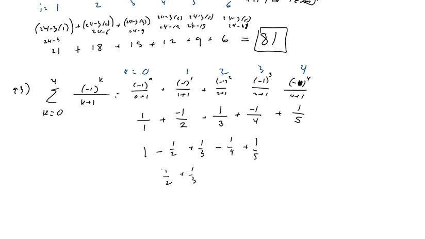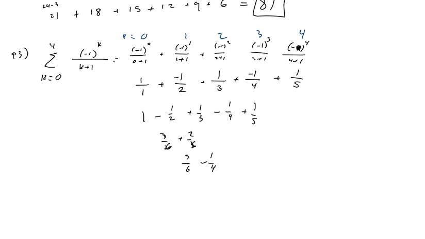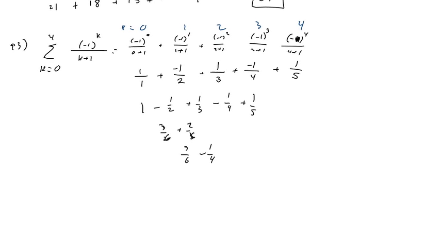So 3 over 6 plus 2 over 6 is going to be 5 over 6 minus 1 over 4. Okay, now I need to find a common denominator between 6 and 4. On and on. Or use a calculator. You're going to get the answer is 47 over 60. Your fraction there. If you got a decimal answer, that's okay too. I would prefer fractions, but decimals are fine.